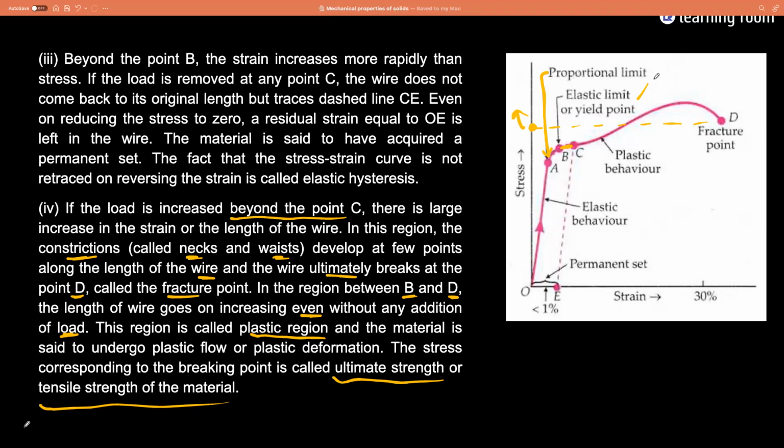That is why B to D is called the plastic region. Shall I proceed?